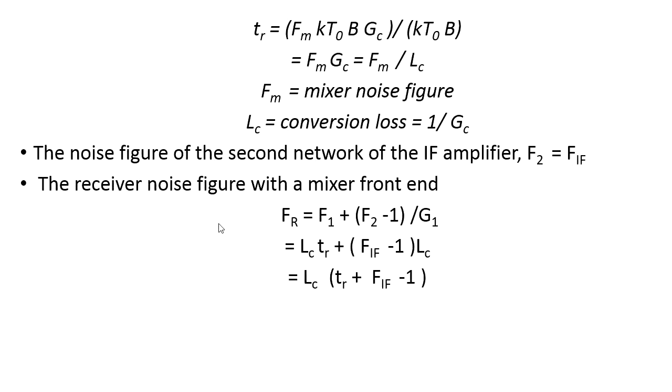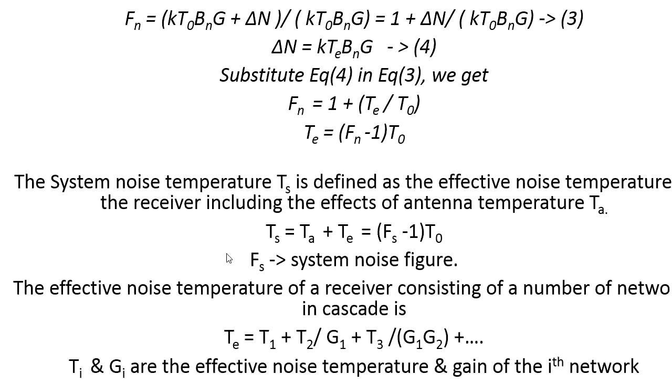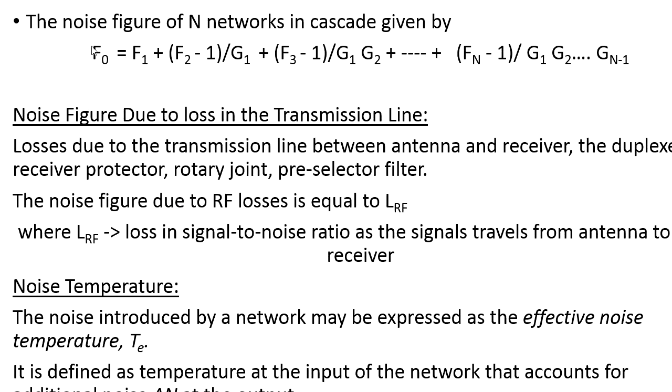The total noise of the cascading of the mixer, which we already discussed in the previous slide, is F0 is equal to F1 plus F2 minus 1 by G1. This is the formula we use to find out the noise figure when we cascade the two stages of the mixer.